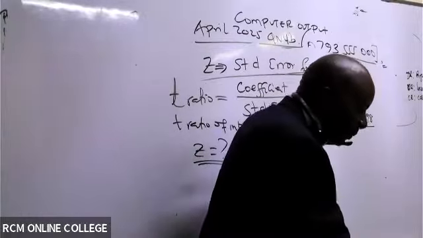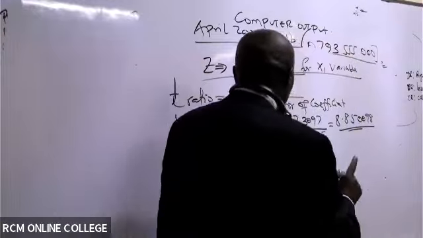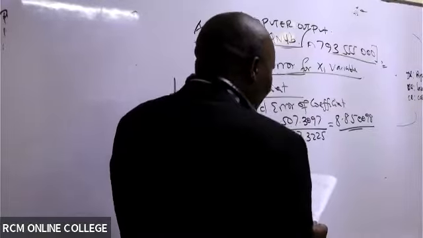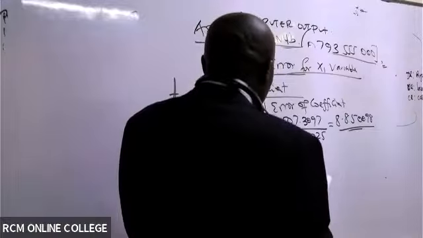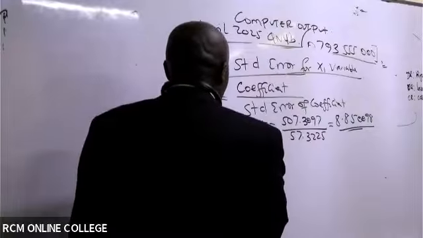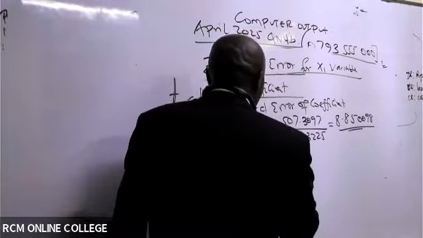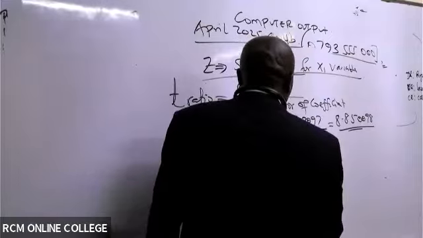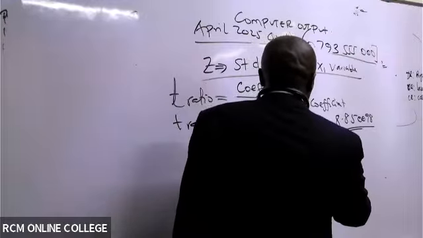Now most of them are able to get the correct answer. What they are telling me is that mwalimu, we can see that the T ratio has been given. T ratio is given, isn't it? Remember our formula, T ratio equals coefficient all over SB, or standard error of coefficient.